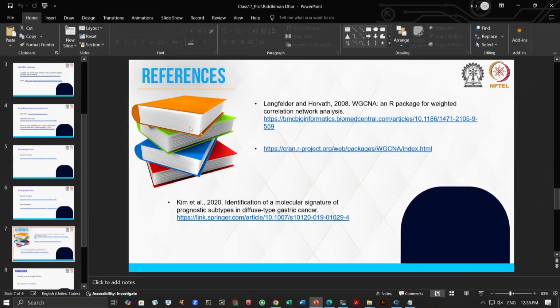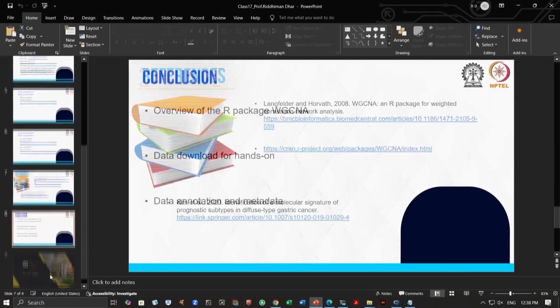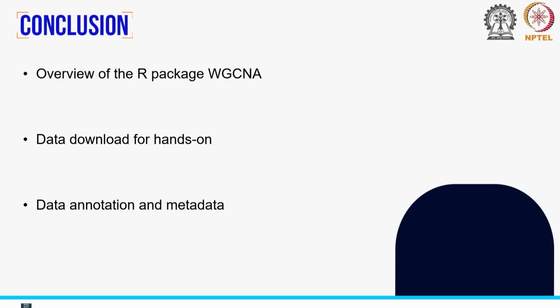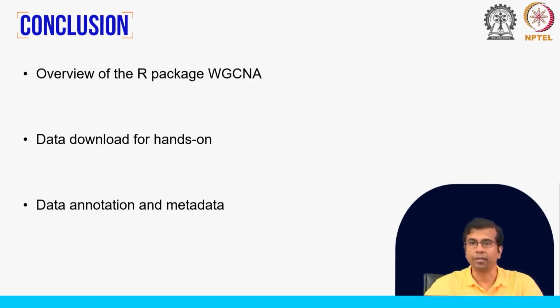So here are the references for this class. What we have done in this class, we have had an overview of the R package WGCNA. We have looked into some of the functions that are there, and we have also introduced the data that we are going to use in the hands on, starting with this class and for the next few classes.